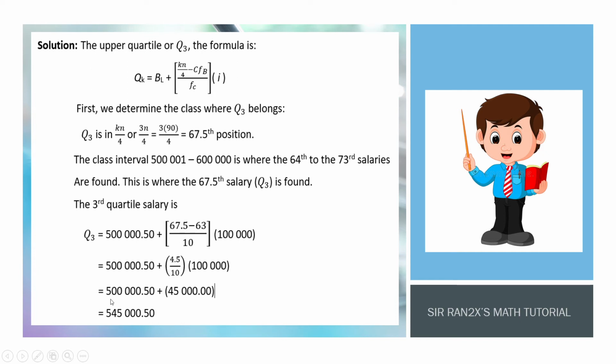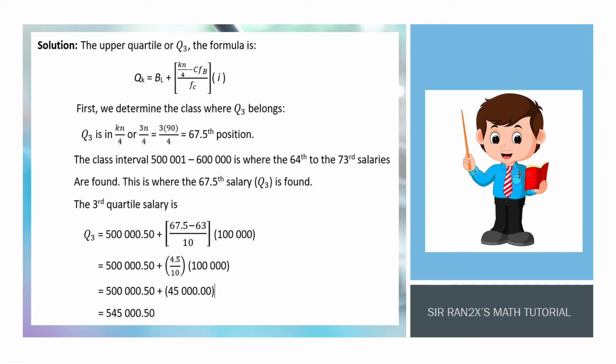Multiplying and dividing by 10, you arrive at 45,000. When you add, you finally have the answer, 545,000.50. That's your Q sub 3 value.